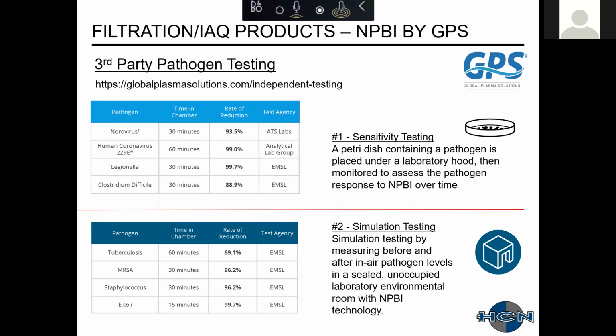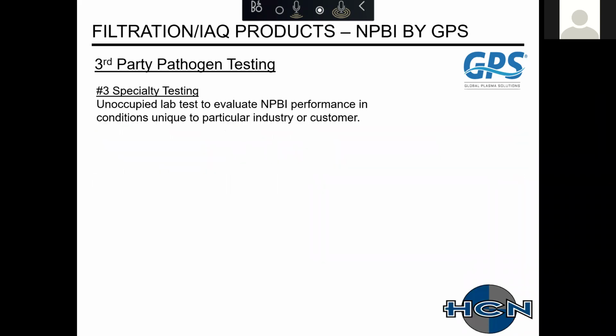They also have simulation testing, where they have a sealed laboratory chamber with different pathogens in it, and they calculate how long the GPS is running and what the kill rate of reduction is.